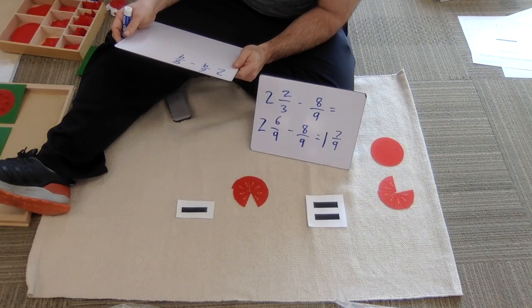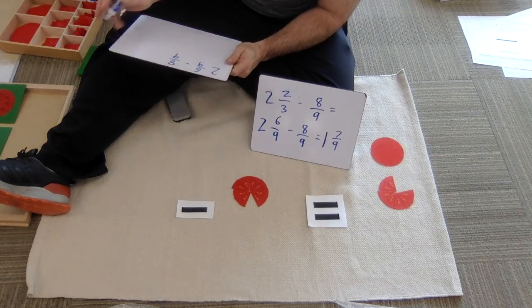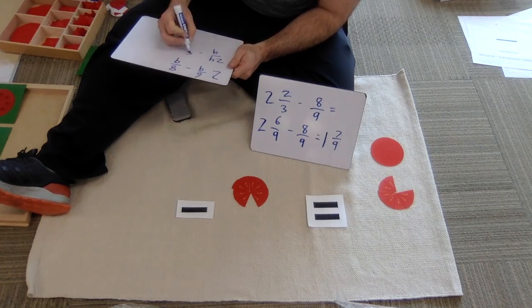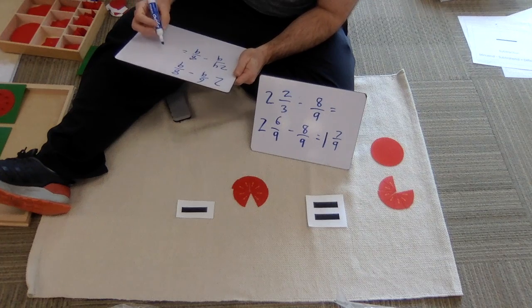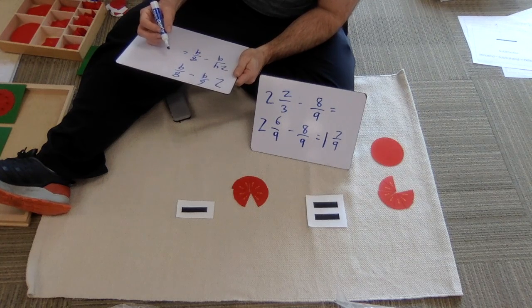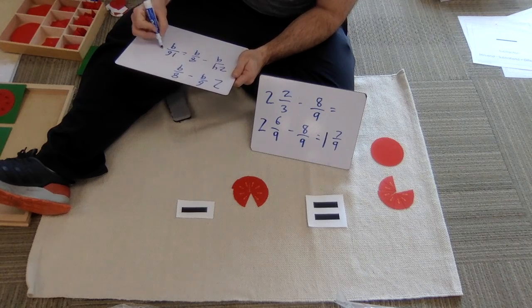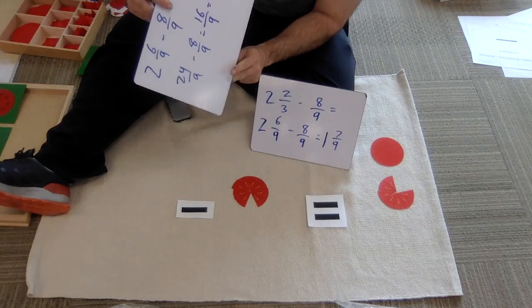I'm not sure if I'm doing that right. Well, let's try it. 18 plus 6 is 24 over 9 minus 8 over 9 gives us 24 minus 8 is 16 over 9, which I think is correct.